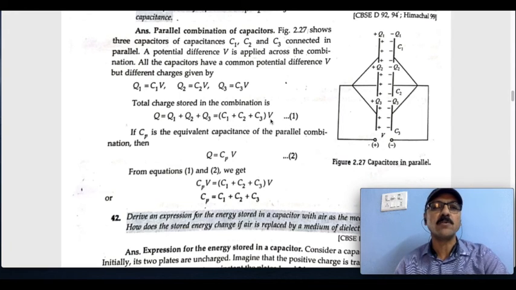Taking V outside, Q upon V becomes C. So Cp equals C1 plus C2 plus C3. So if the combination is parallel, the equivalent capacitance is equal to the sum of the individual capacitances. Okay, thank you.